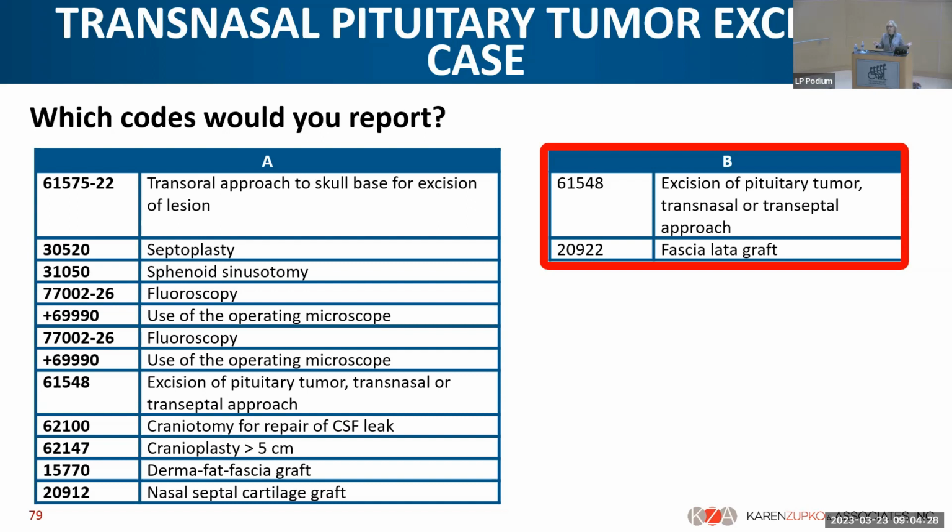Okay, so whoever goes and harvests it gets to bill for it. But typically in an endoscopic endonasal approach, microscopes included, the endoscopes included, all these other repairs are included in that one little all-inclusive code, with the exception of getting a graft. And this is a fascia lata graft. It would be 15798 if we went to the abdomen and got fat to do that septoplasty.